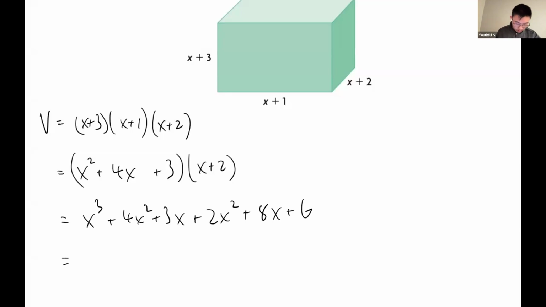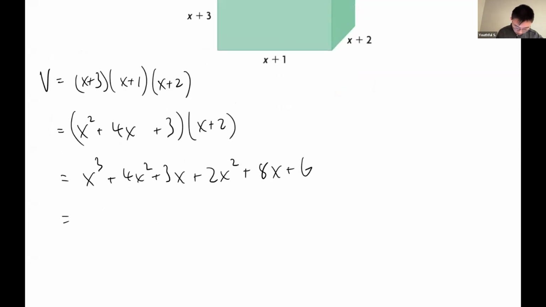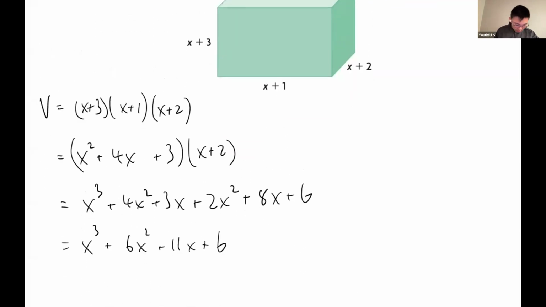So kind of tedious, but just combine the like terms. You get 6x squared. Yeah, something like that. And that is our volume function.